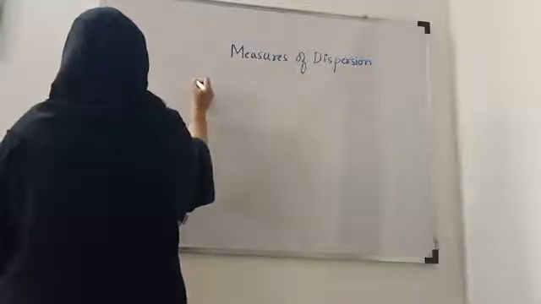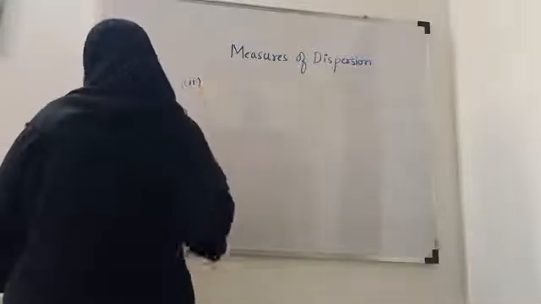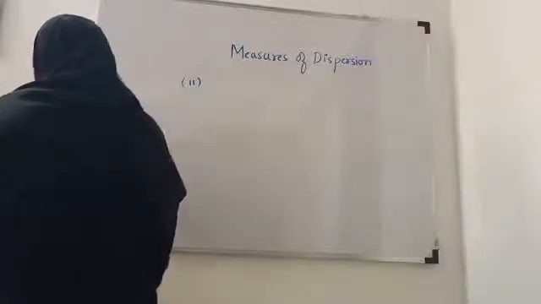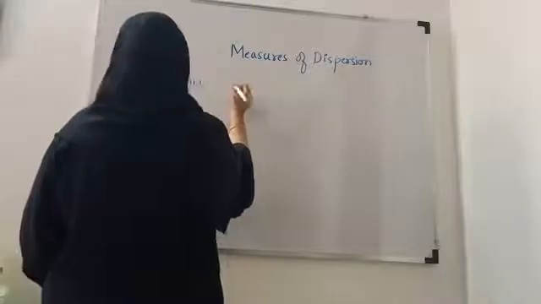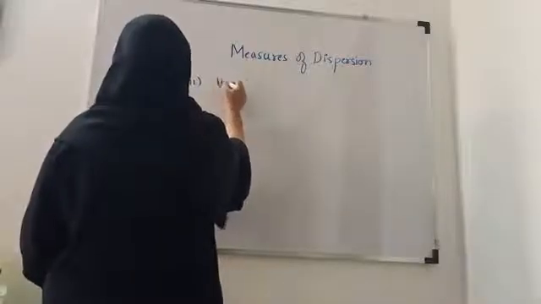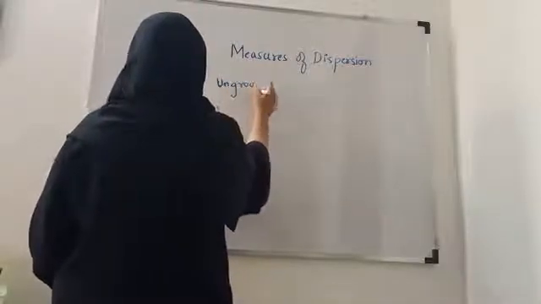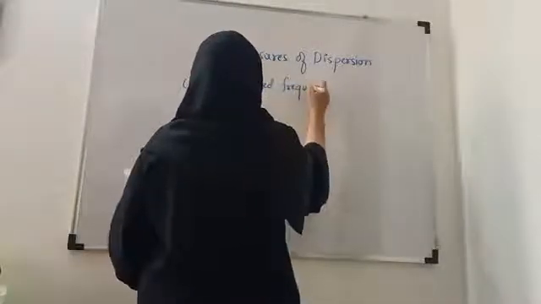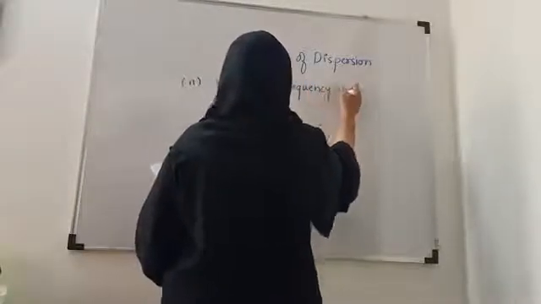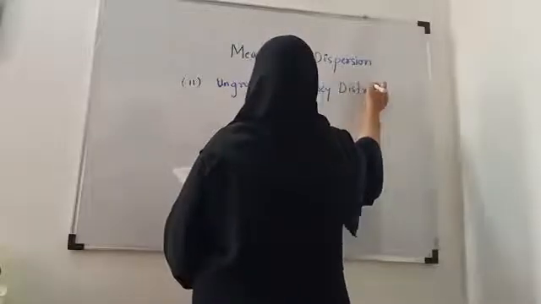Second type of data is variance and SD for ungrouped frequency distribution.